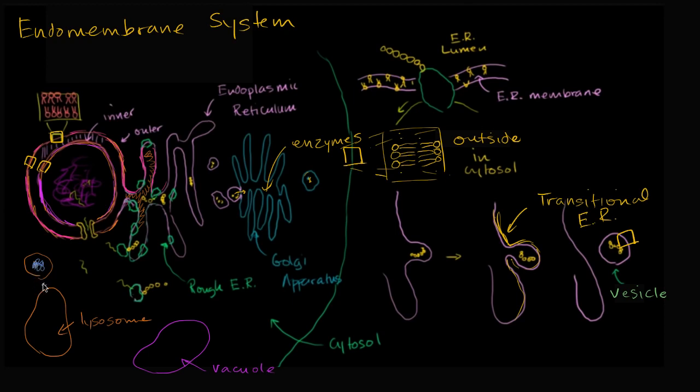This membrane can then merge with that membrane and dump its contents in here. This has a low pH, and it can break apart and digest this stuff and recycle it into its more constituent material. All of this is part of the endomembrane system.